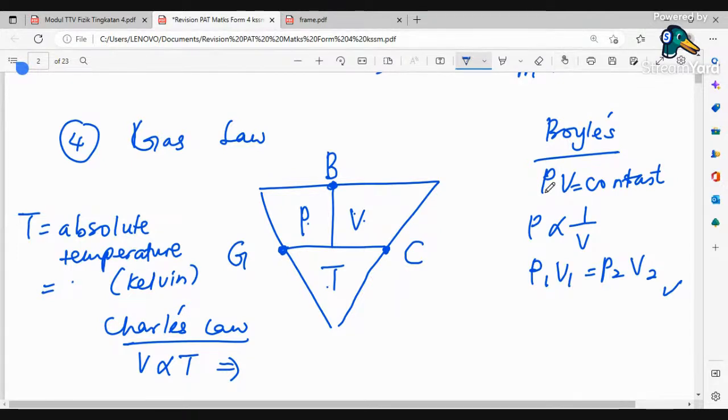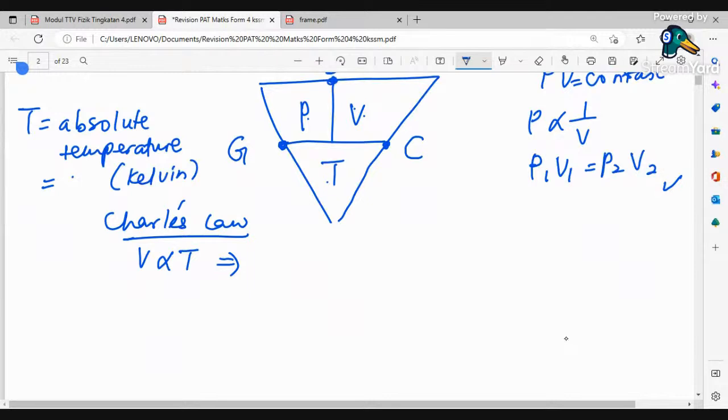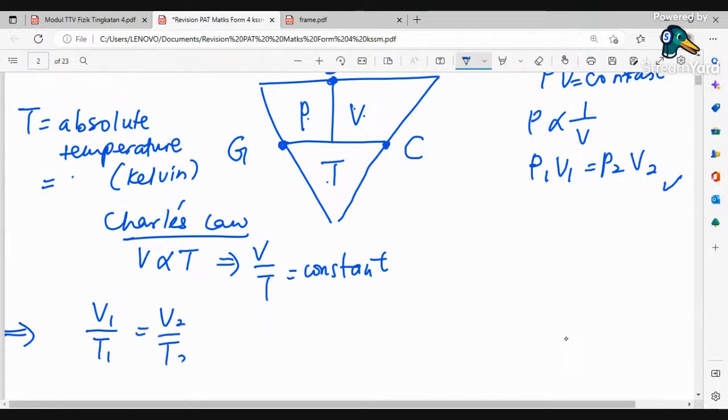Okay, so from here we have V over T is constant. Thus we get V1 over T1 equals V2 over T2. So ini ialah Charles' law.